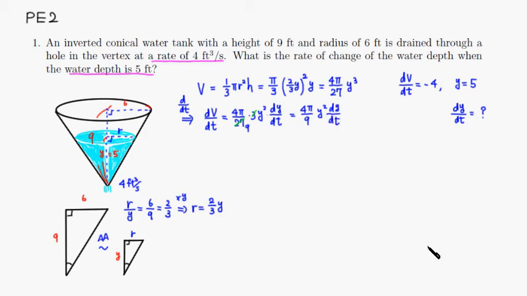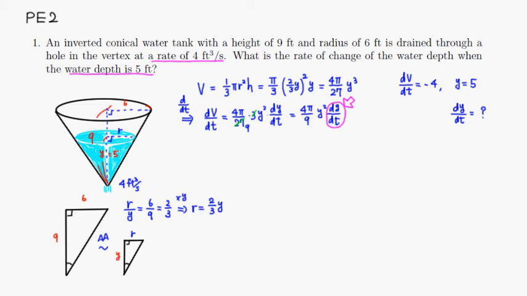So this dy over dt is what we are looking for, the guy we want, and it seems like we know everything else. We know y is 5, and 4 pi over 9 is just a number. And dV over dt we already know is -4.